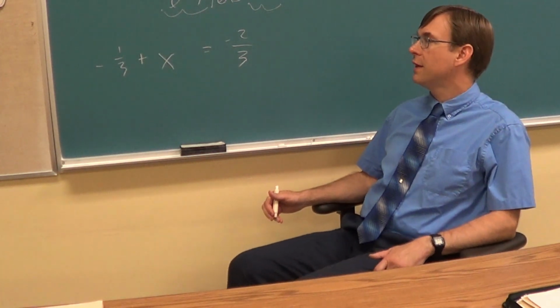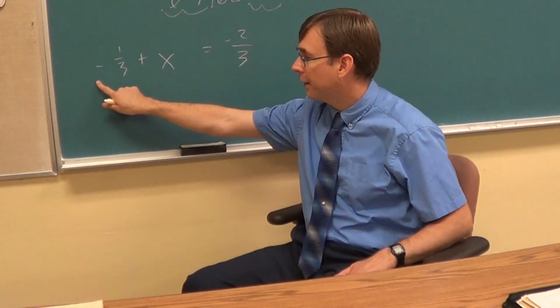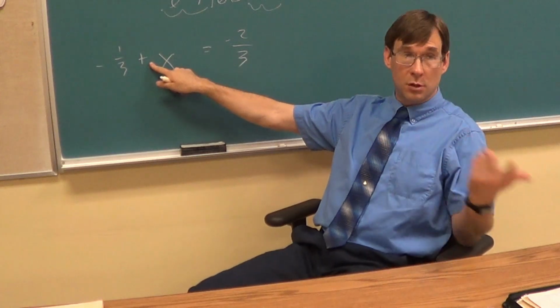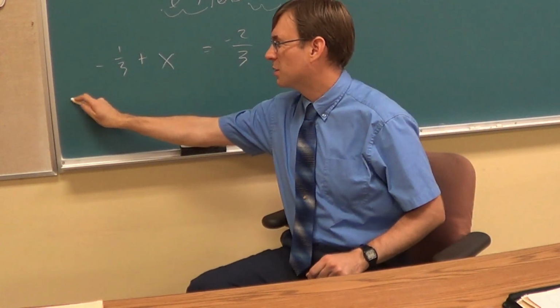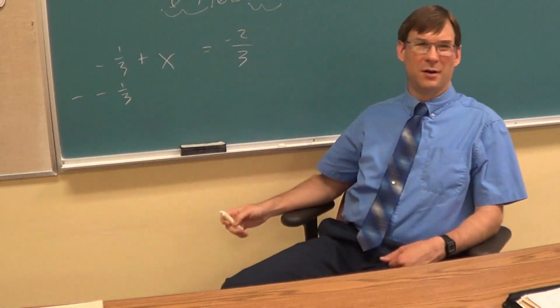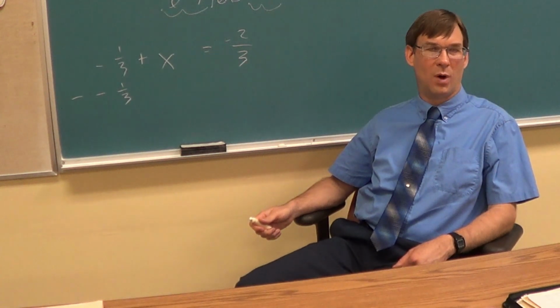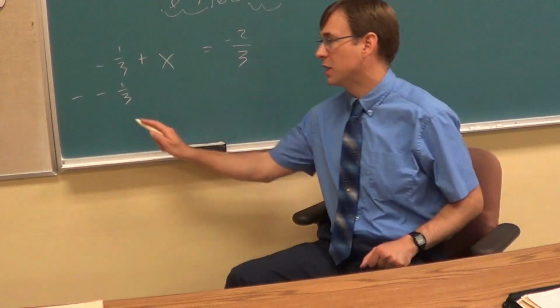Okay, so one thing you could do is say we should subtract a negative 1/3. So if the problem's adding, so you want to do the opposite, we're thinking subtract. What's going to happen if we subtract a negative 1/3? What subtract rule is that? It'll be a plus. Minus minus makes plus.